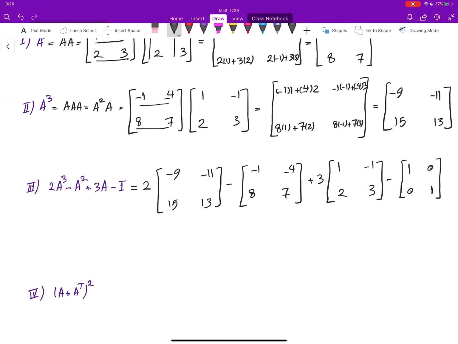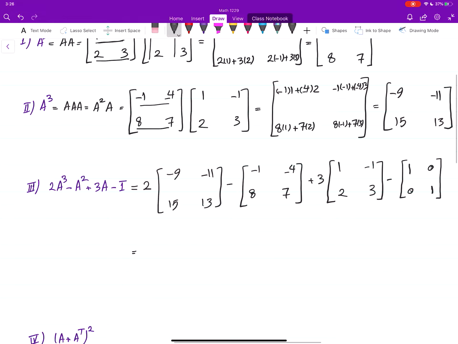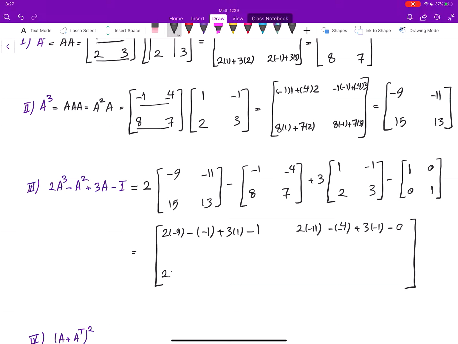Okay, now we have everything here. This is a matrix. The first entry would be 2 times negative 9 minus negative 1 plus 3 times 1 minus 1. The 1, 2 entry is 2 times negative 11 minus negative 4 plus 3 times negative 1 minus 0. 2 times 15 minus 8 plus 3 times 2 minus 0.